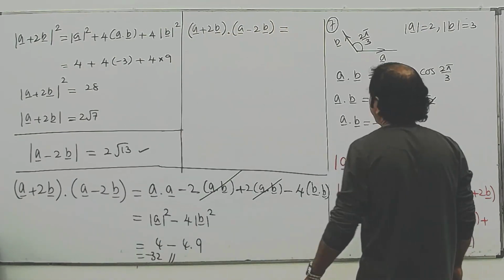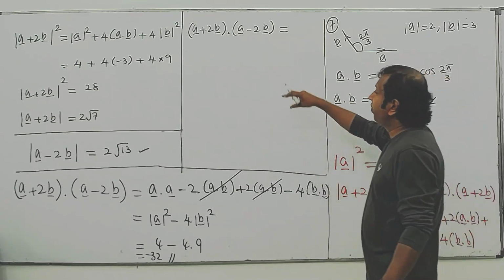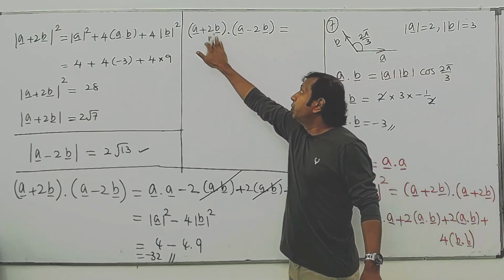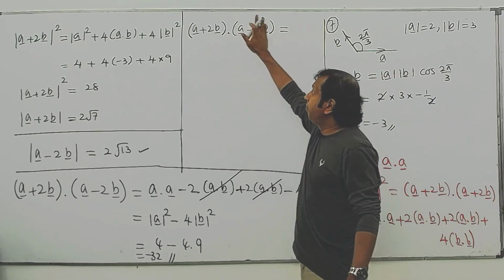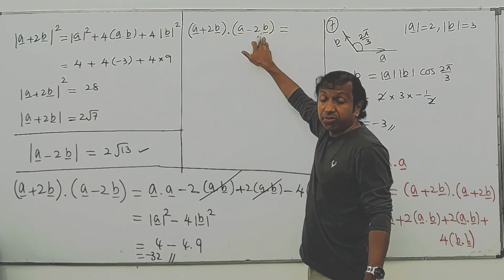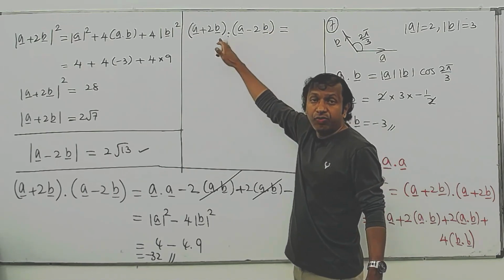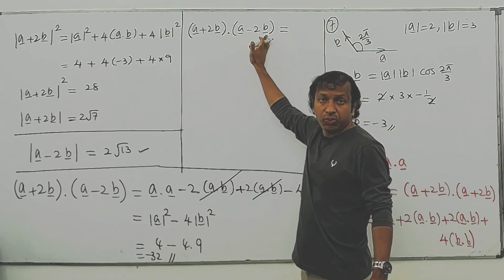According to the definition of the dot product, when we have these two vectors, the dot product is defined how? Modulus of this multiplied by modulus of this multiplied by cos of the angle between these two vectors. Right? Then we'll write that.